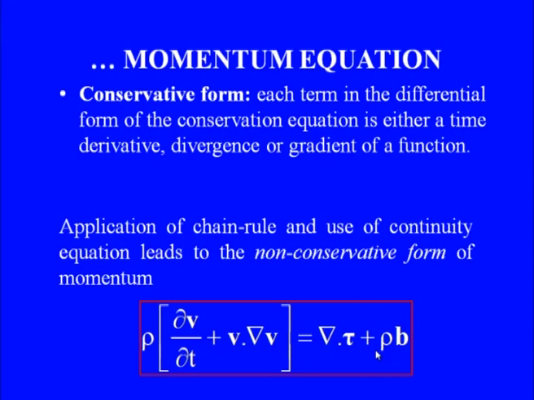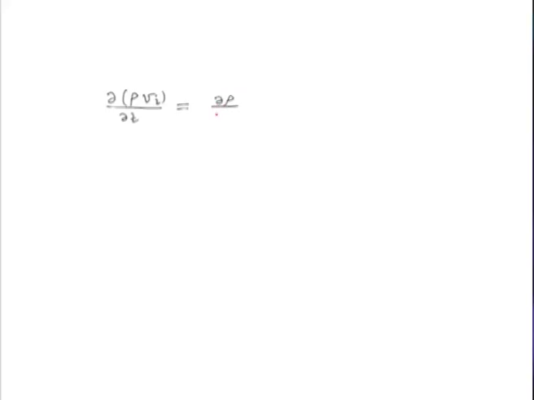Now let us have a look at how do we obtain this non-conservative form. So let us start with the conservative form of equation, and first term del rho vi over del t, this can be straightaway broken into 2 parts, del rho over del t times vi plus rho times del vi over del t.